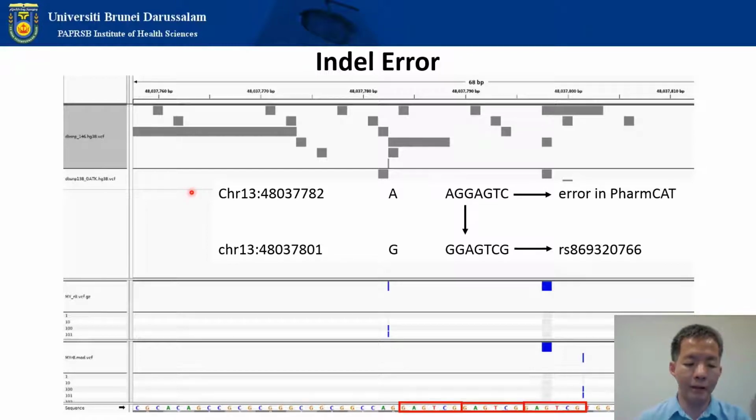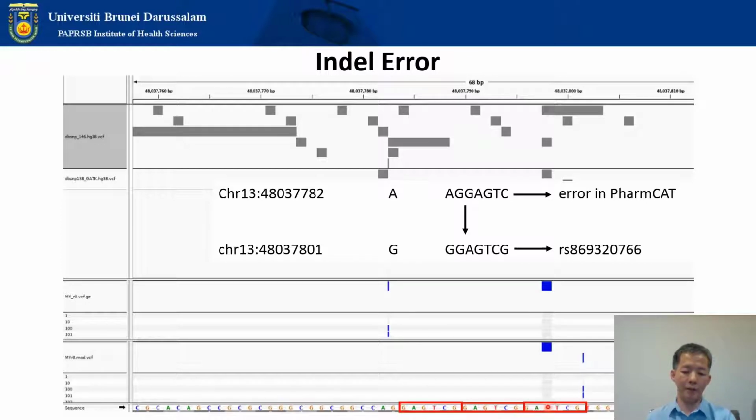The errors were actually caused by an indel in our VCF files. What you see here on top is the original entry from GATK. Obviously there is an insertion here, and the way that GATK writes the insertion is as GGA-GTC.